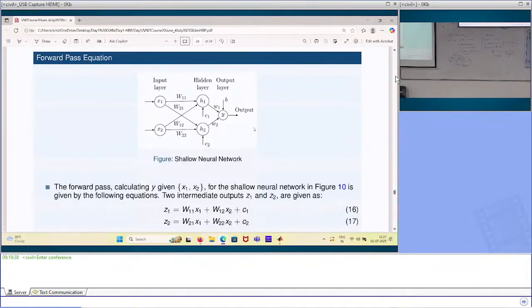Now look and tell me what the weights are. x1 w11, yes, plus x2 w21, yes, equal to Z1. Very good. Plus B, sorry, plus C1. Correct. No big difficulty in this. Good. Done.